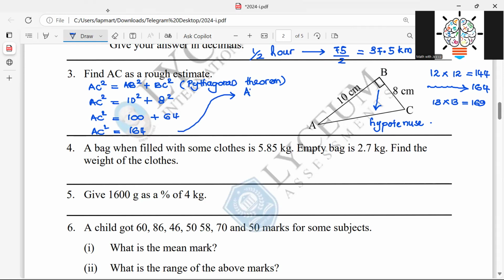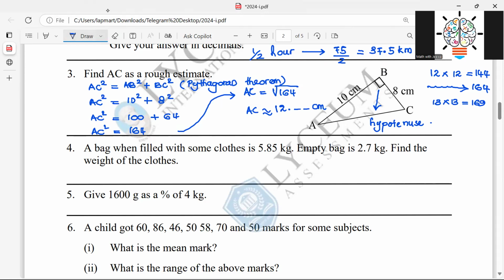AC is equal to square root of 164, and we can give a rough estimate. This becomes 12 point something centimeters, right? This is how we write, and here we can write approximately. This is an estimate now. So as this is an estimate, we can write AC is approximately equal to 12 point something, because we don't write the exact answer here.